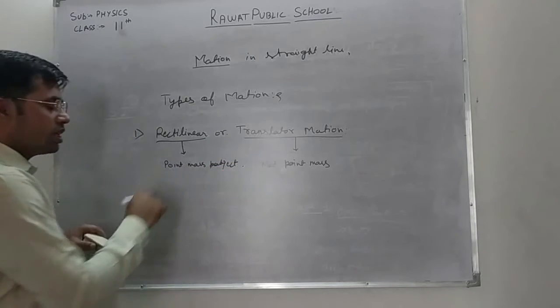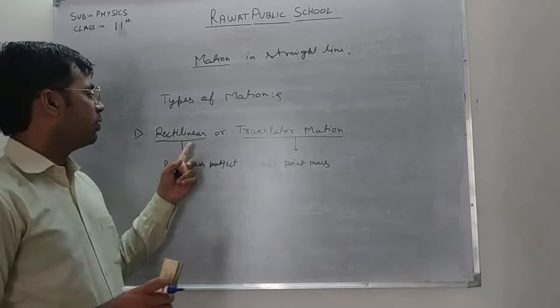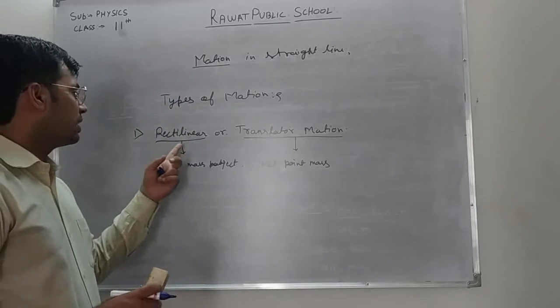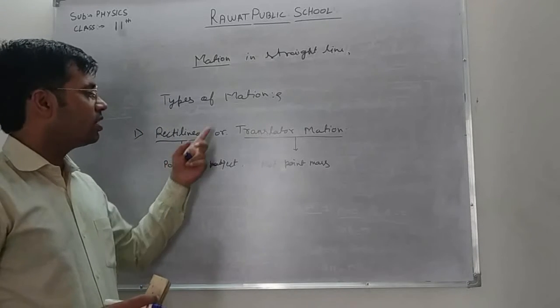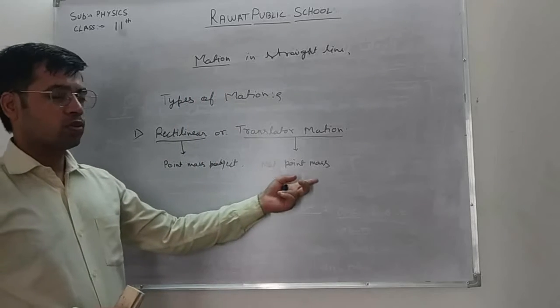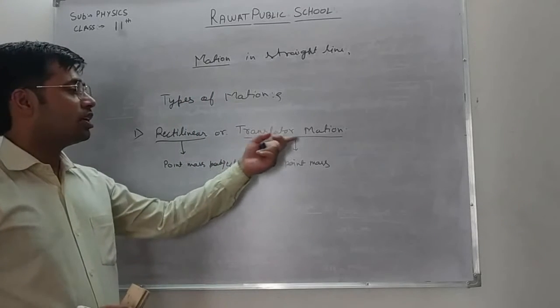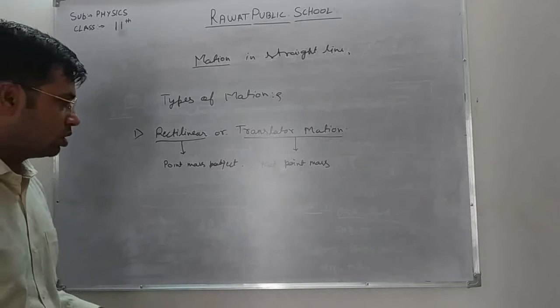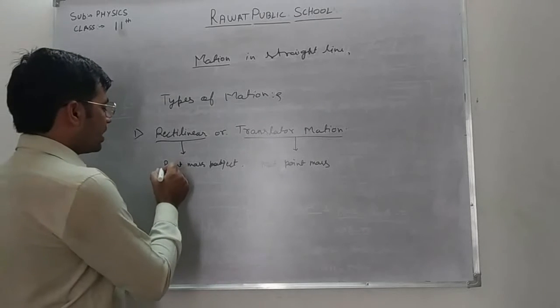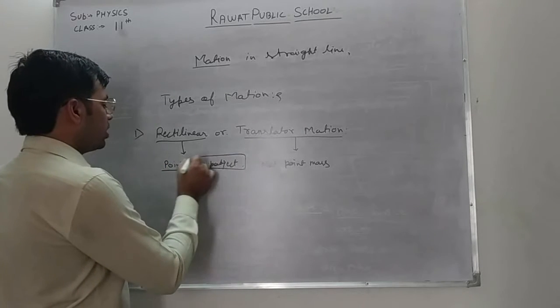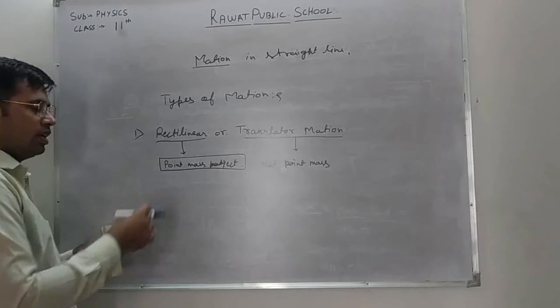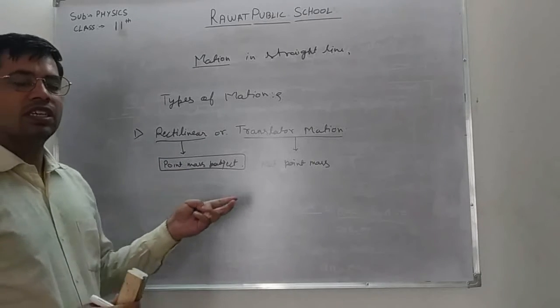That means when the object is very small, in that condition we can say the motion of the object is rectilinear, or when the object is not a point mass object, then we can say that the object is in translatory motion. Now rectilinear motion we can define as the motion of the object, if it is a point mass object, in a straight line.